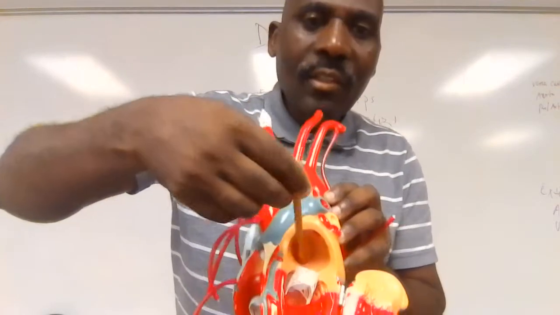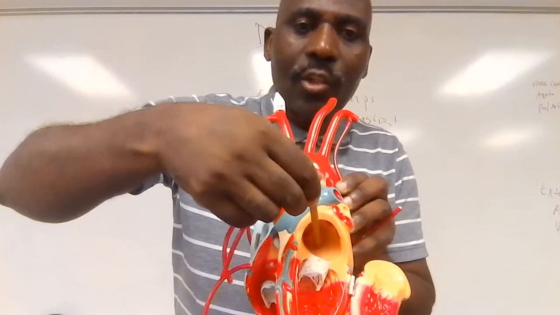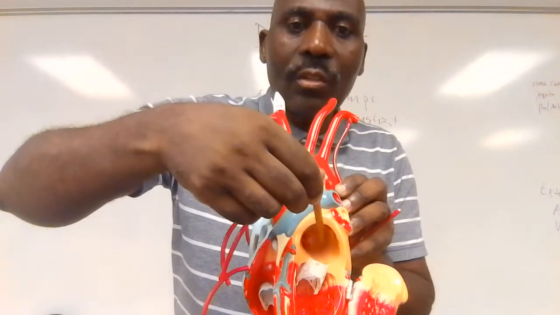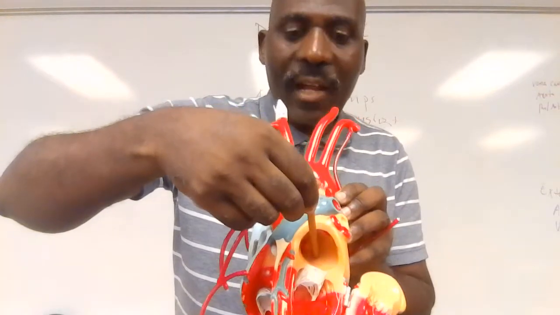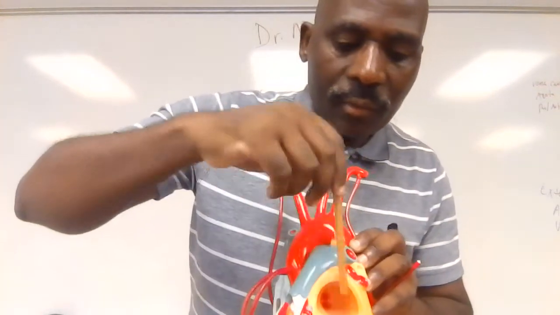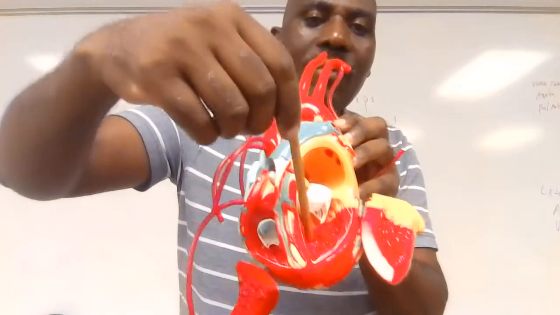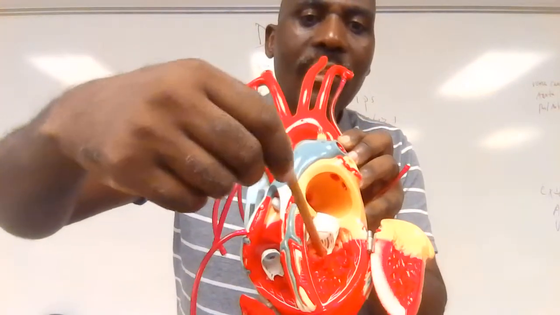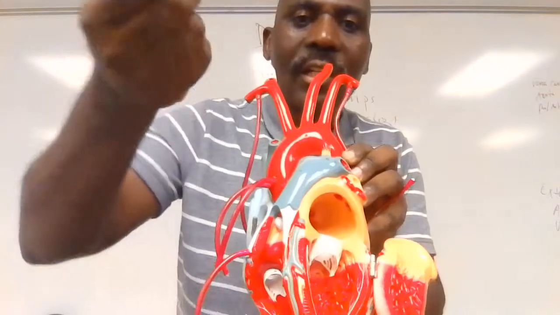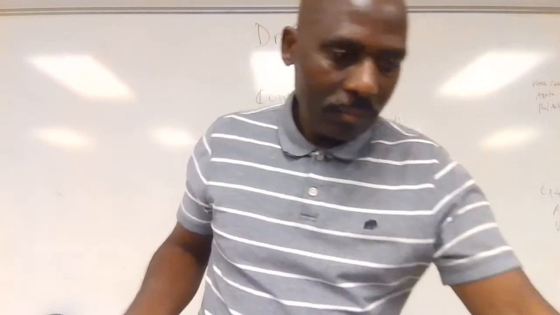Here, this is the left atrium. It receives oxygen-rich blood into the heart. It sends it down to the left ventricle, and this left ventricle pumps it out of the heart into the general circulation.